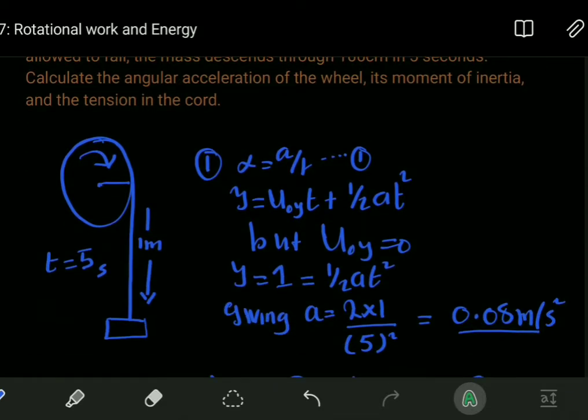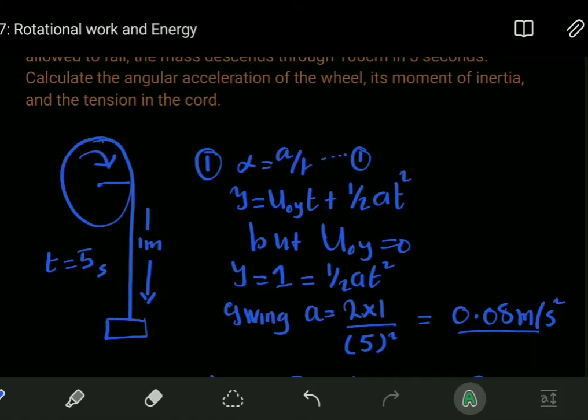So we can see that there is a change in potential energy, and a gain in translational as well as rotational kinetic energy. Now we want to find the angular acceleration of this wheel, the moment of inertia of this wheel, as well as the tension in the string or the cord.